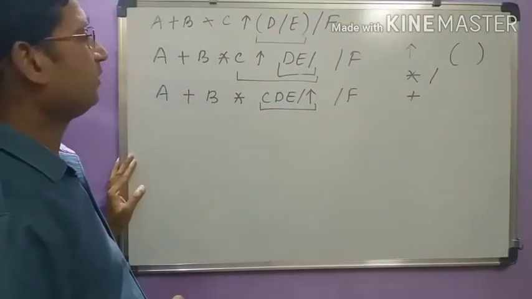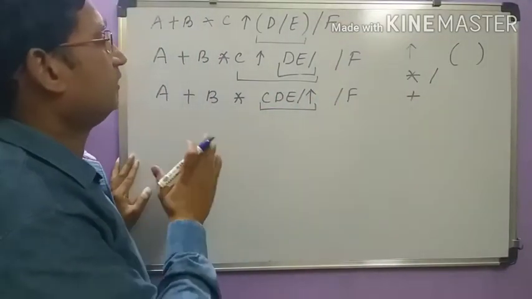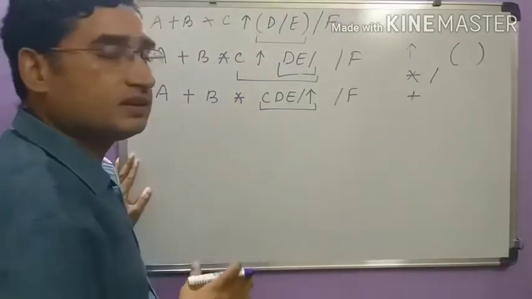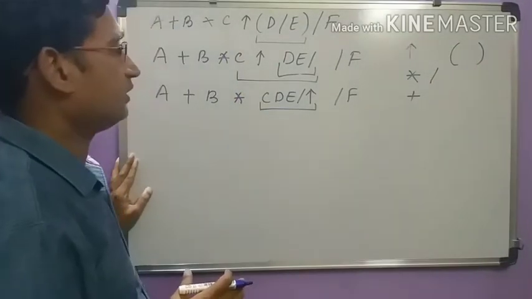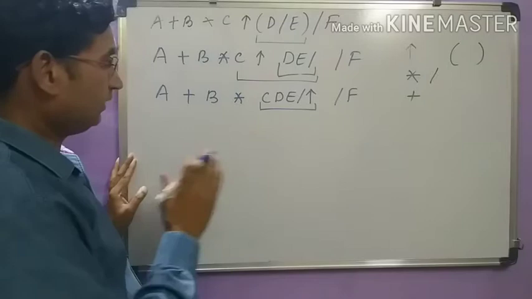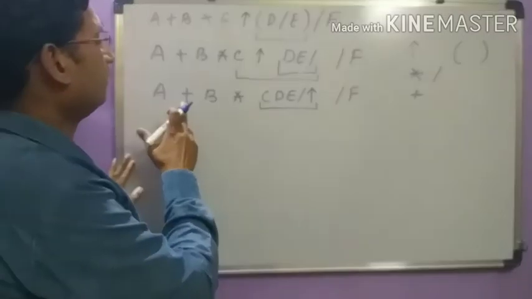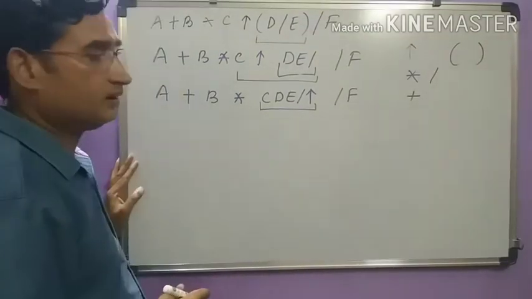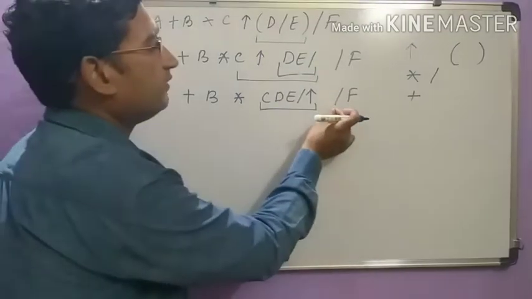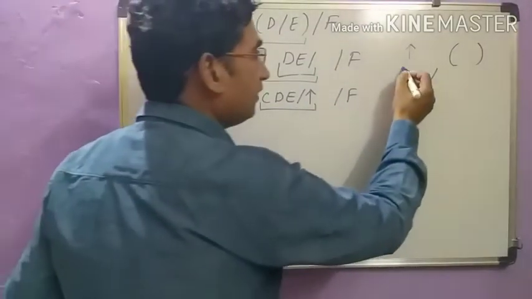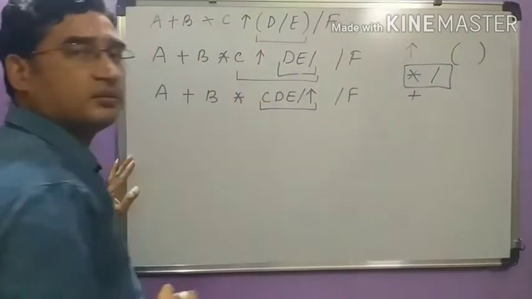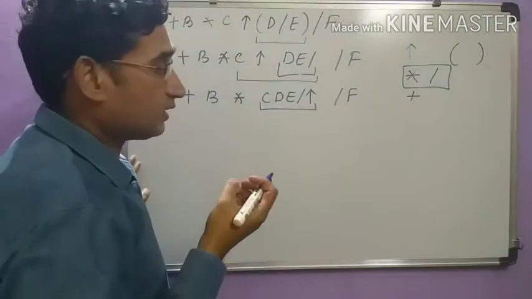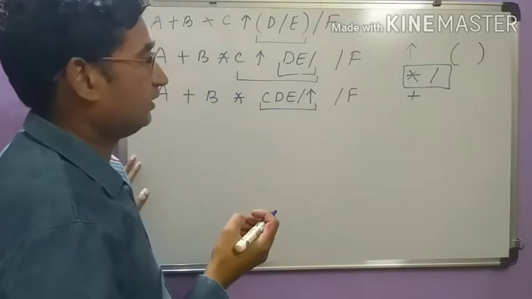After this step, we need to check now which are the highest priority operators. In this expression, now plus is there, multiplication is there, and division is there. Multiplication and division have the same priority, but we know the concept of associativity.